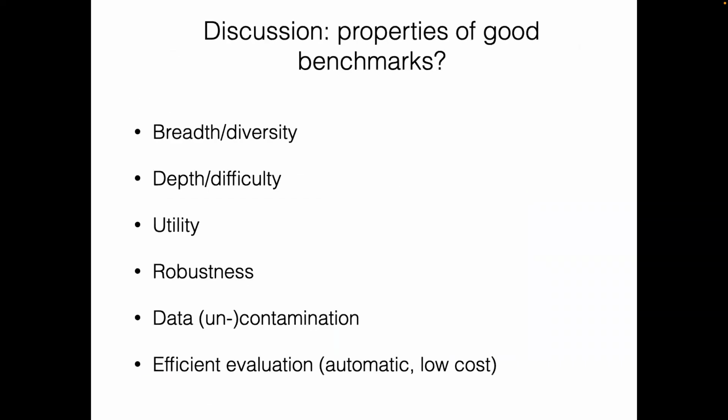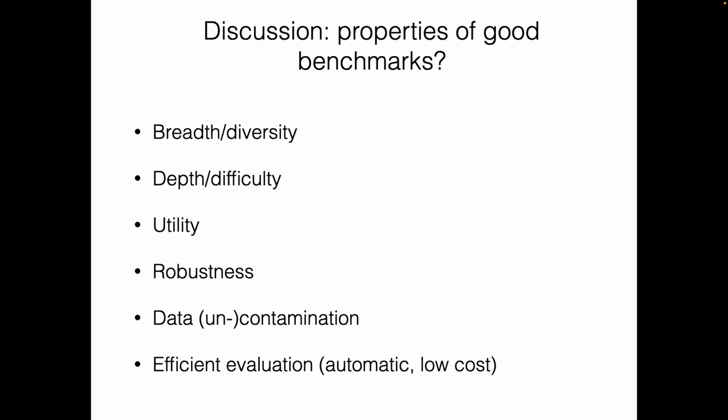Okay, cool. So here are some things we discussed: breadth, diversity, depth, difficulty, utility, robustness, data uncontamination, and efficient evaluation. Can anyone think of anything else that is missed here? Maybe I'll put it in next semester.